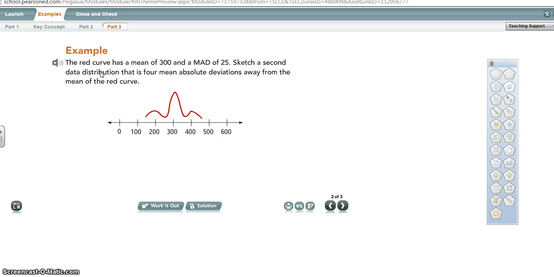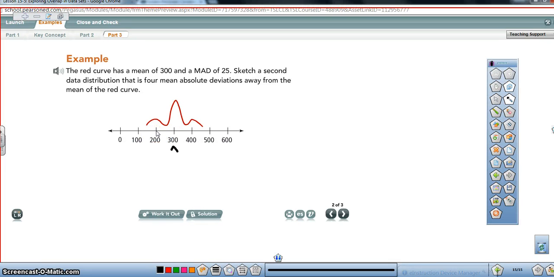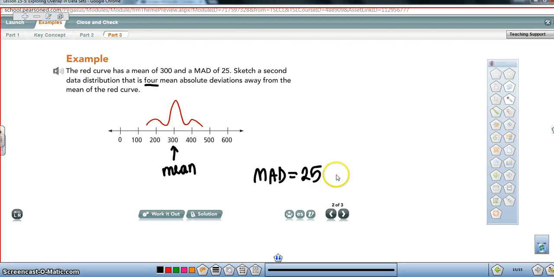In this example, the red curve has a mean of 300 and a mean absolute deviation of 25. Sketch a second data distribution that is 4 mean absolute deviations away from the mean of the red curve. If we go 4 of these, that would be 100 away from this mean.